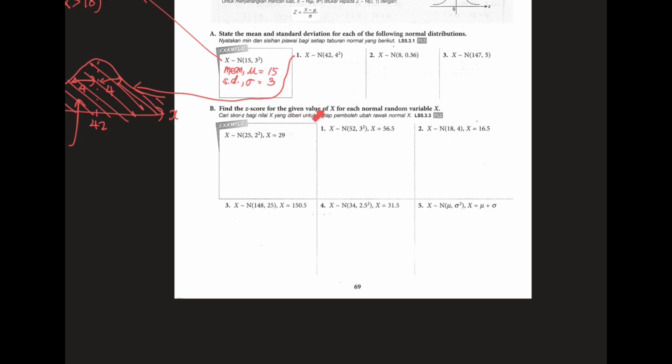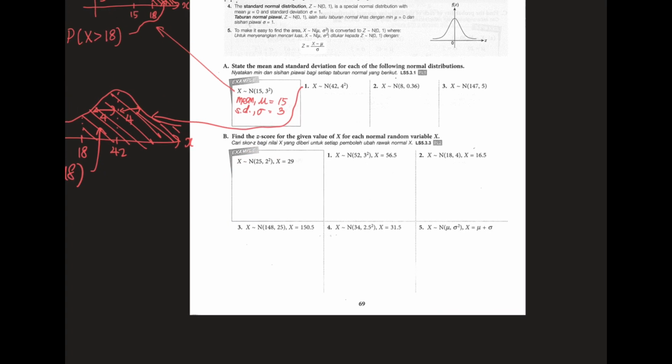Find the z-score for the given values of x for each normal random variable X. So you have a normal distribution in x, and you have to change it to z. We have to use this formula: Z equals (x minus mu) over standard deviation.